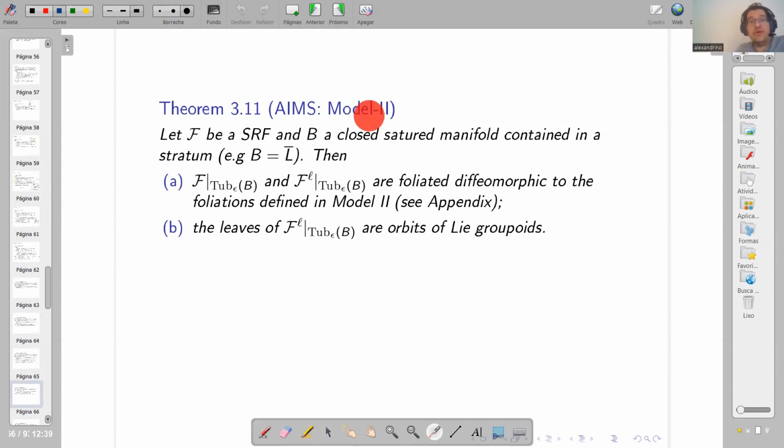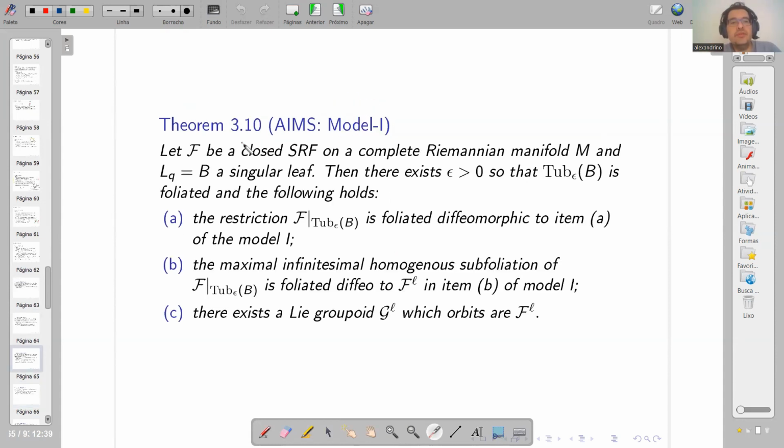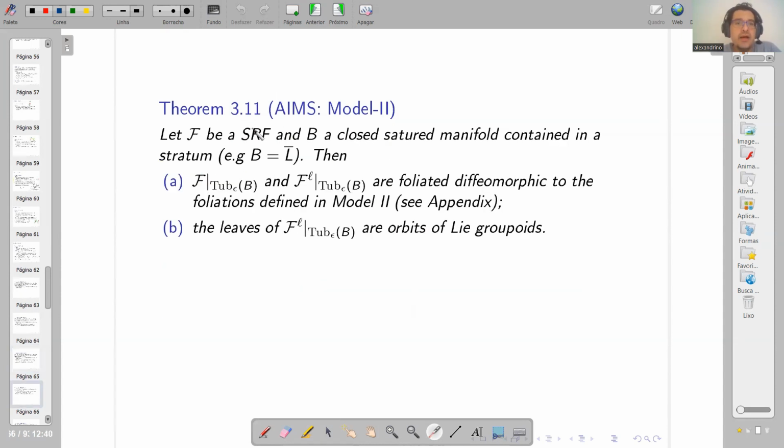There is a second model, of course, and assume what happens if your foliation has non-closed leaves. You still have a model. I will not concentrate on this topic today, but I will just say that we have a model. So if you have a singular Riemannian foliation, B is a closed saturated manifold. For example, you can think of B as the closure of L. Then the foliation and these linear foliations are again described by a model.